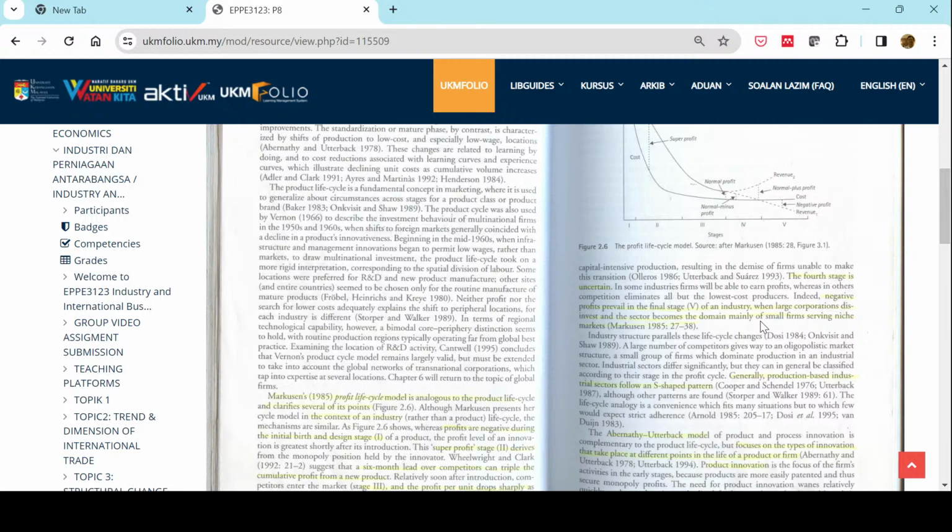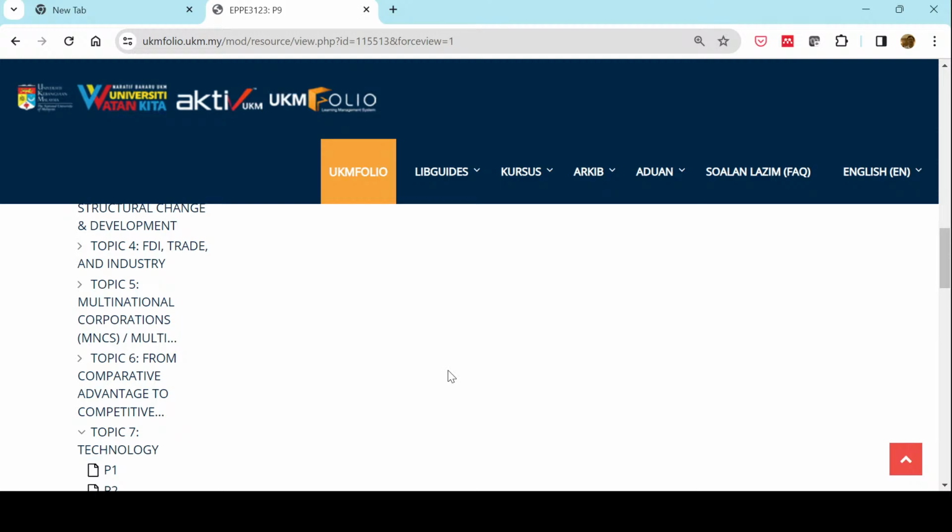And this is a 4 worlds of production. Try to make it bigger. How can I zoom it?